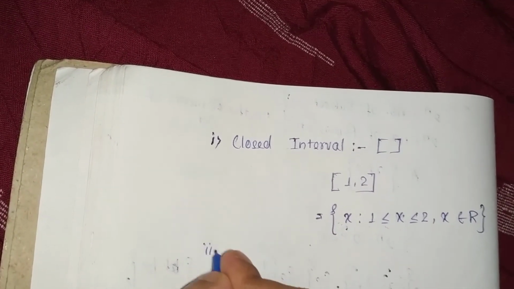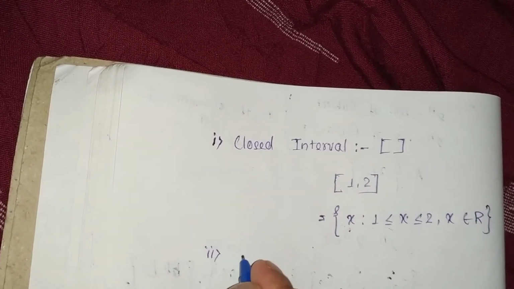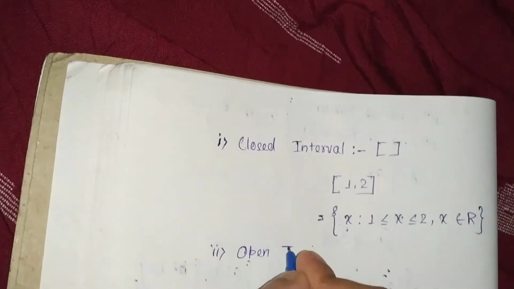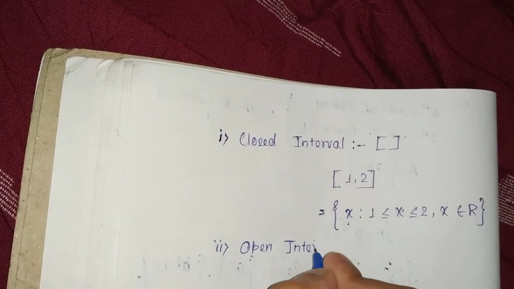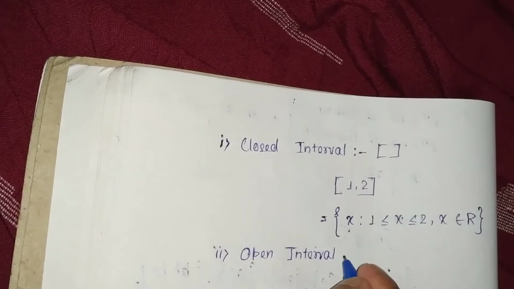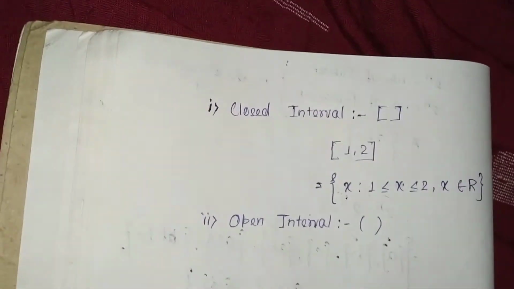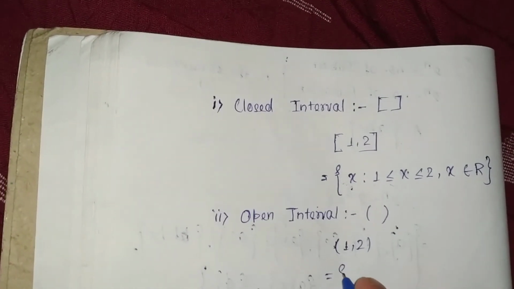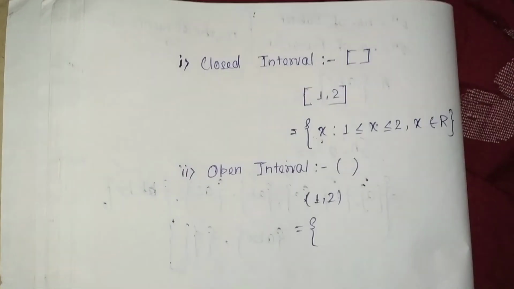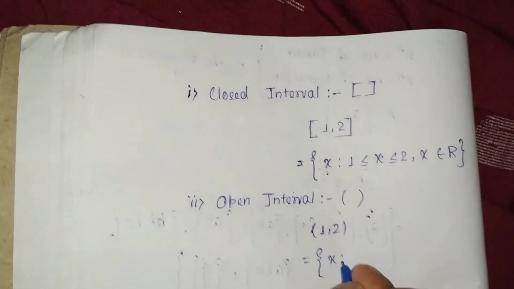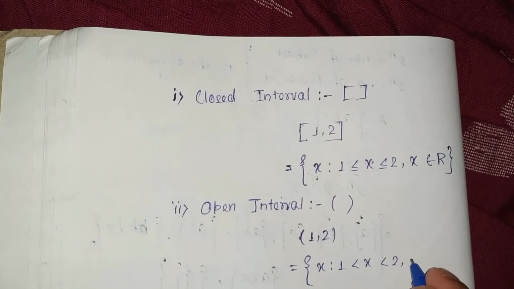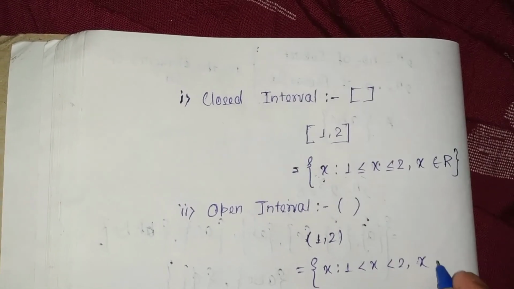Second is open interval. Its notation is like first bracket. If we have the same example (1, 2), its set builder form is x such that 1 less than x less than 2, x be a real number.